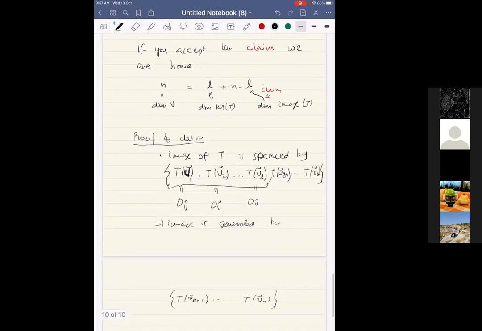That if I have taken a basis for the kernel, added n minus L vectors to get a basis for V, and now the claim is that if I take the images of these n minus L vectors in V hat, they generate the image of T. So that is the first step to prove the claim. I want to be sure that everybody has followed me so far. Bija and Ray, is it okay? Yes, sir. Aditi, how about you?